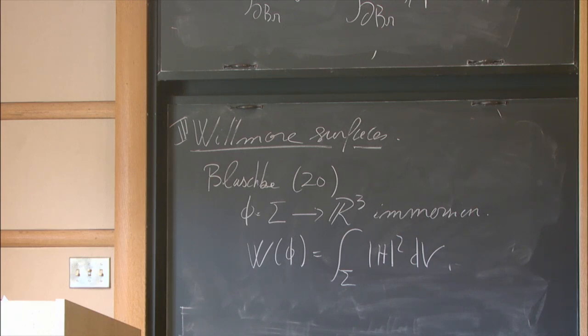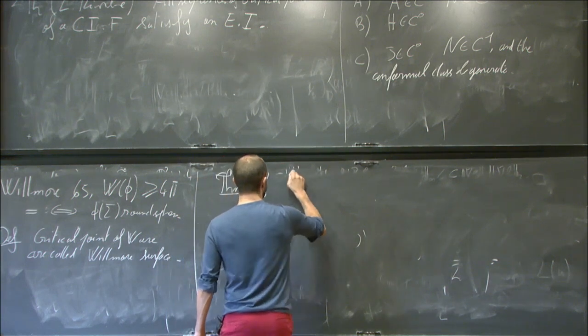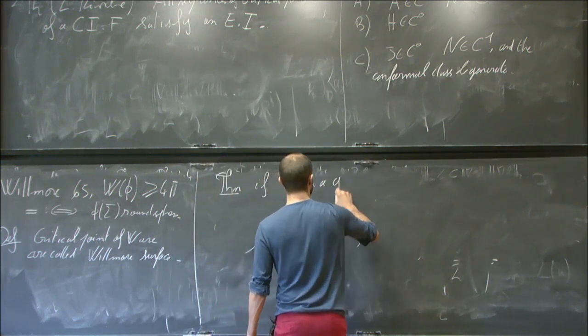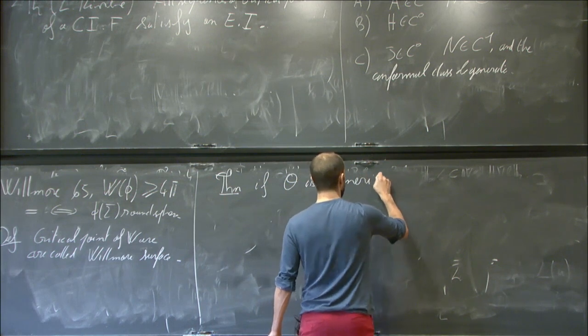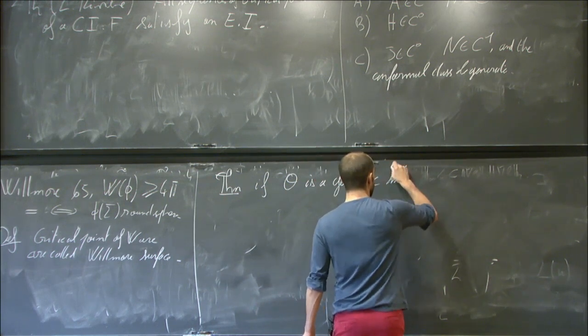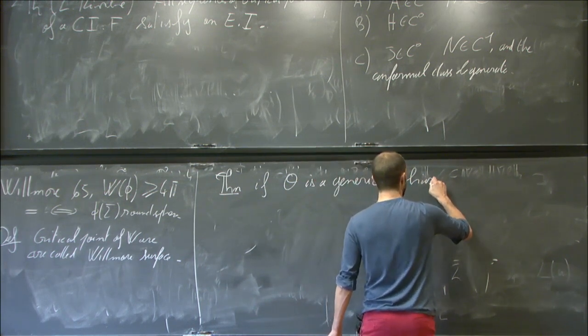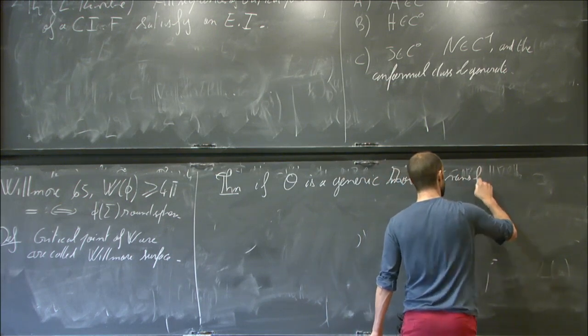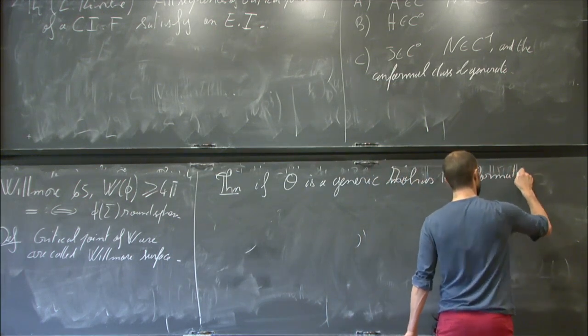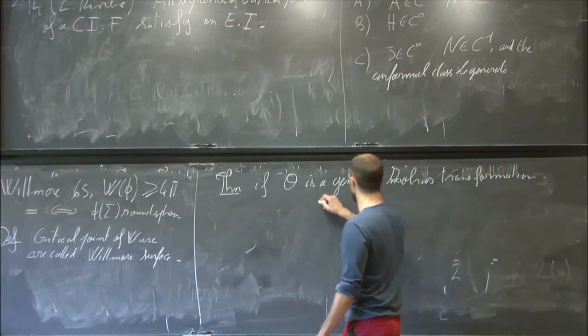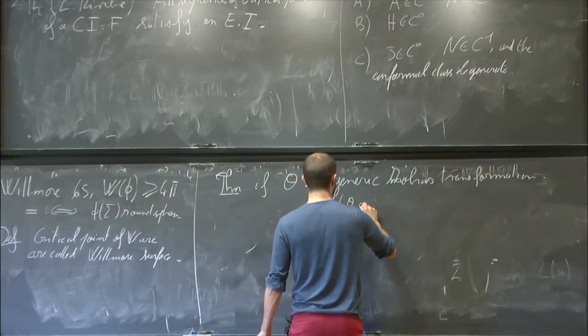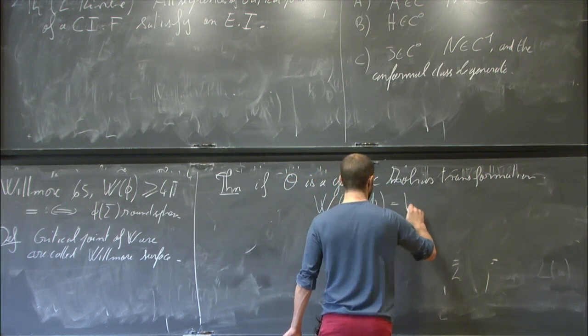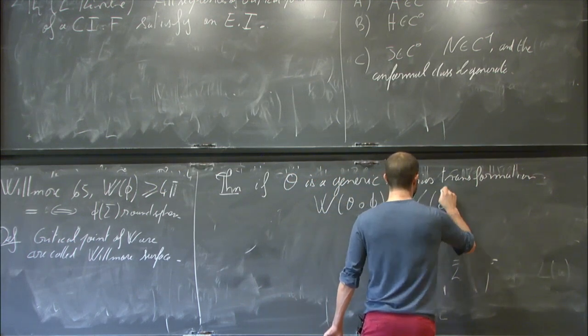So it was already known by Blaschke that if θ is a generic Möbius transformation, then W(θ∘φ) equals W(φ).